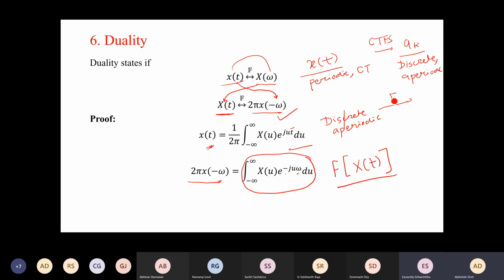And the transform of a discrete aperiodic signal will be what? Periodic, and continuous frequency. So what do we see? There is duality across transforms. We will look at this in future, but right now in CTFS, because the nature of the transform is different from the nature of the signal, there is no duality. But in CTFT the nature of the transform is the same as the nature of the signal, and thus we can talk about duality. Keep in mind.